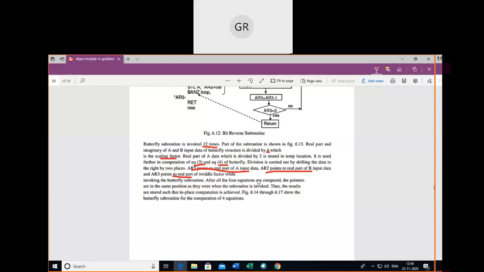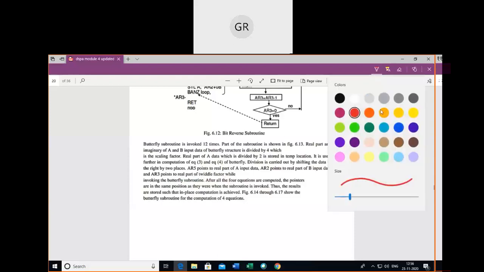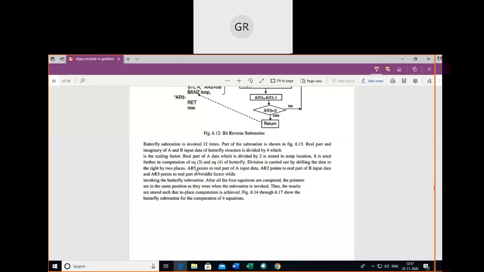AR5 points to the real part of the A input data. Just remember, AR5 is the real part of the input data.